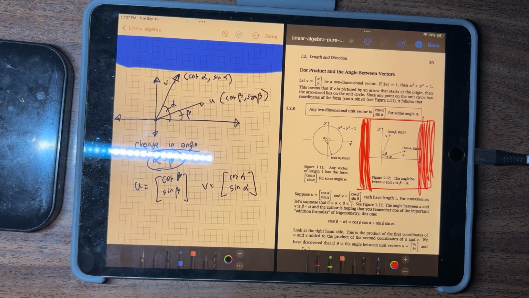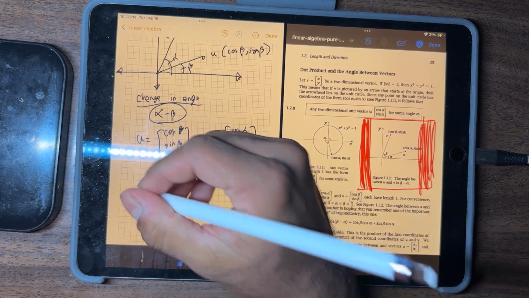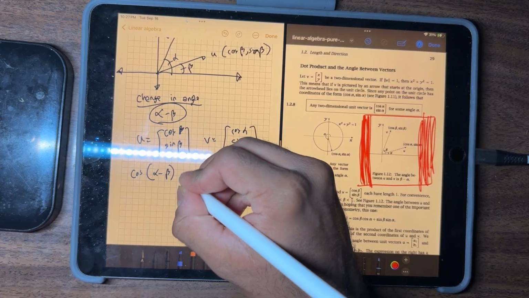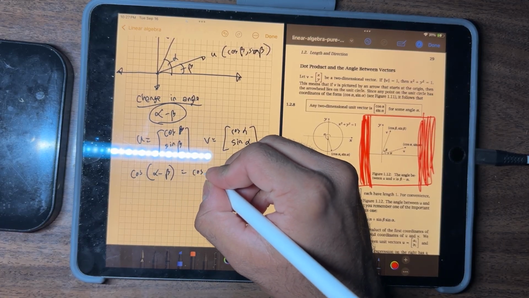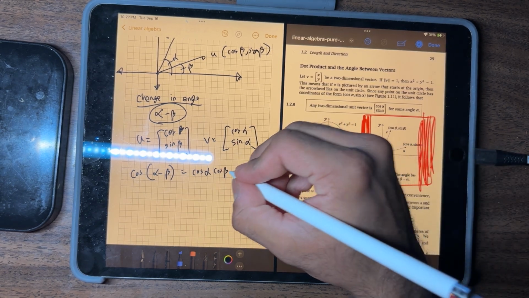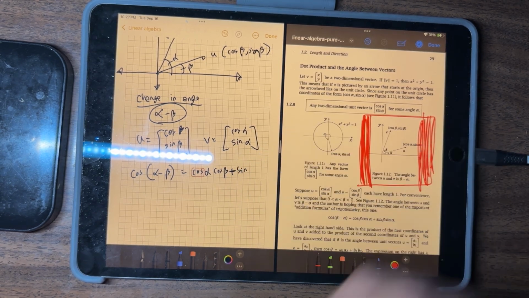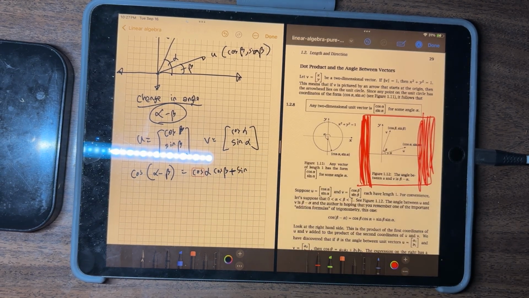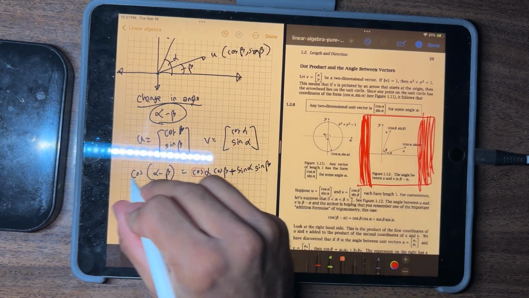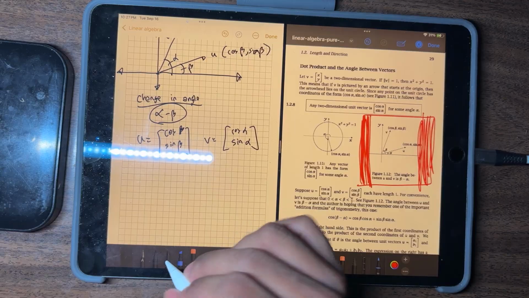So if I were to write cosine of alpha minus beta, then I'm going to have cosine alpha cosine beta minus plus, is it plus, sine alpha sine beta. Actually, let's write what they know.